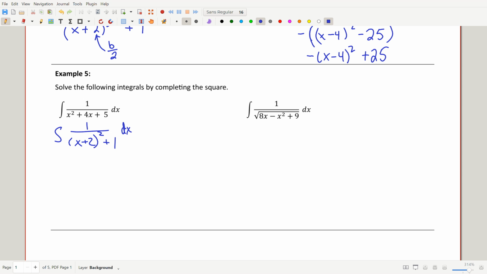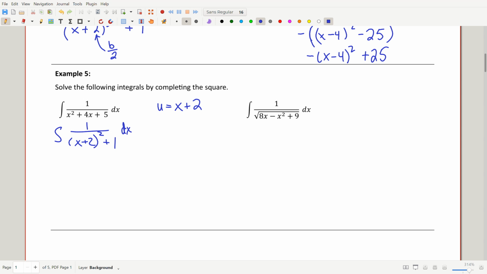Okay. Should I do the u sub just to, I don't know. I'm going to do it. But we're going to find out that we're just going to get arctan of x plus 2. So let's do it to make sure we see all the moving pieces here. We'll make our u equal to x plus 2. Or I could have said that my u squared was x plus 2 squared. I feel like in this example, it's a little bit easier to go right to u.